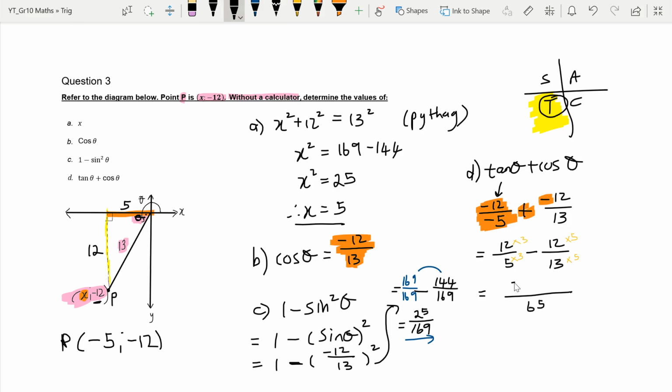I'm still showing all my steps. The idea without your calculator is that we don't use it for the trick, like to find our theta. Minus. And that gives me negative 24 over 65. All right, in the next video, we're going to draw our own diagrams.